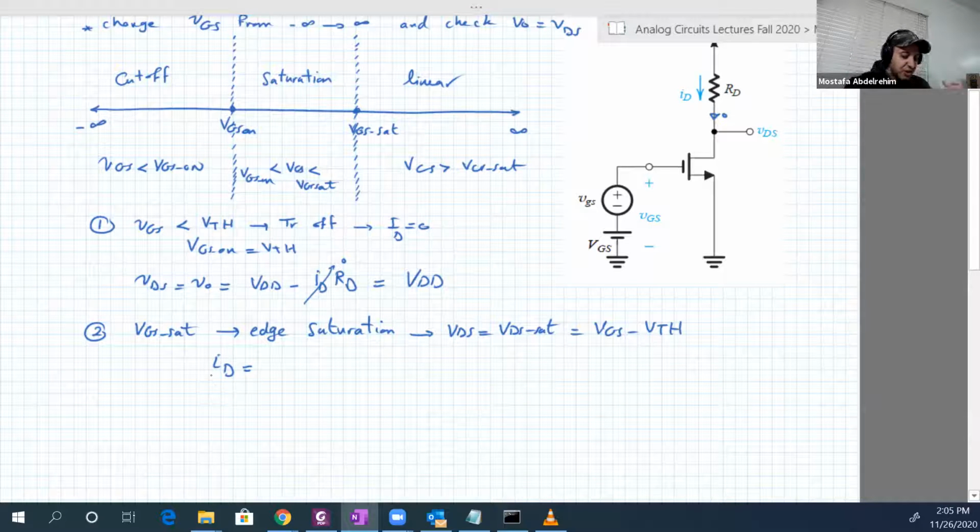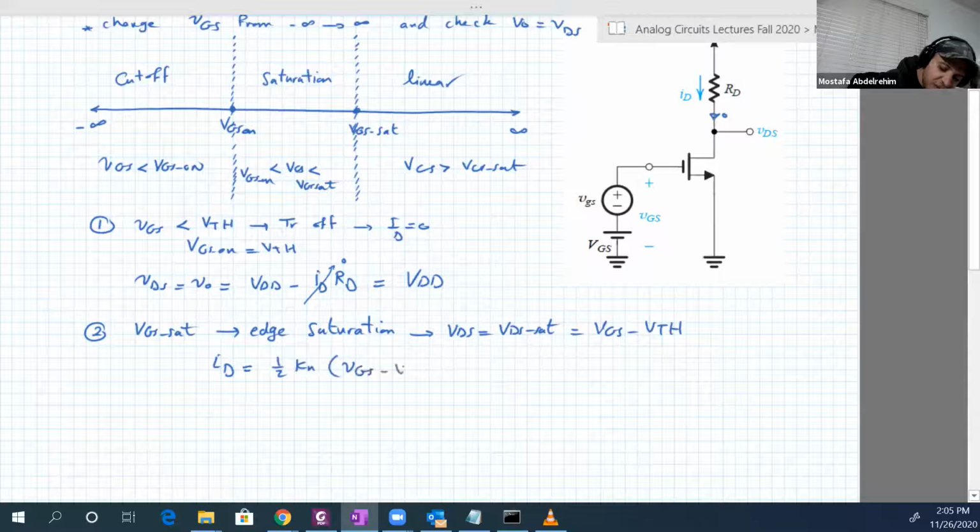So I mix small letters for the symbols and capital letters for the subscripts to say that we have AC superimposed on some DC. So ID will equal half Kn (VGS minus V threshold) squared.